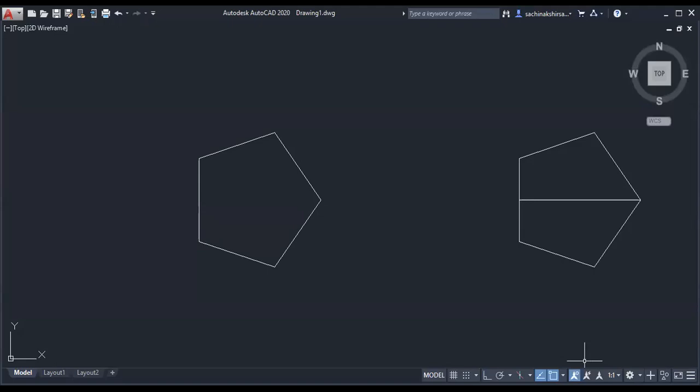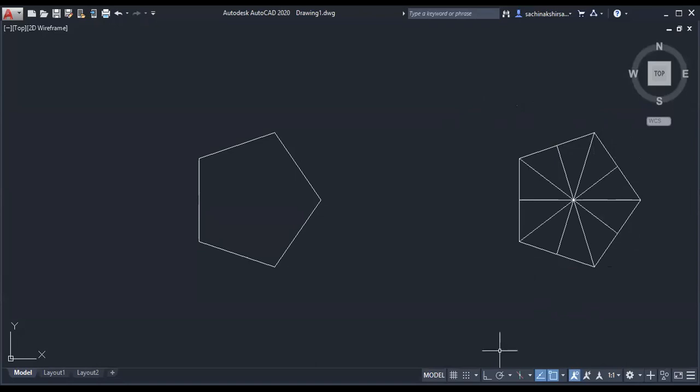So for this line, if I take the midpoint, the opposite corner I have to join. If you do this for the remaining sides also, all of them will pass through one point.